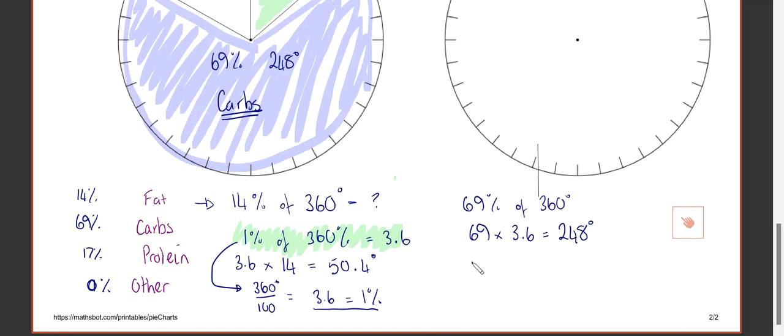This time we probably don't need to, but let's just check. 17% of 360 degrees. So that's 17 times 3.6. Can you do that for me? 61.2. Shall we go with 61 degrees? Let's just check.